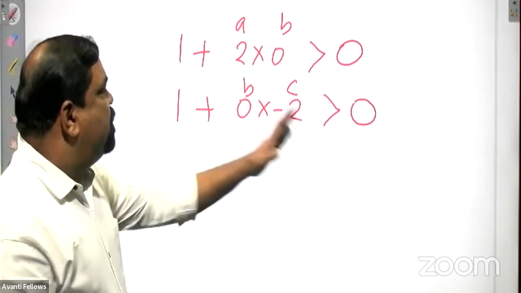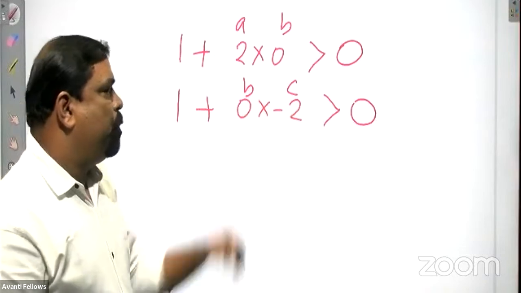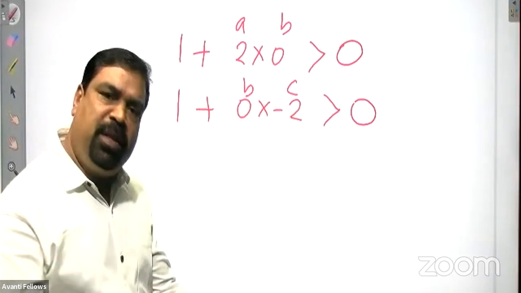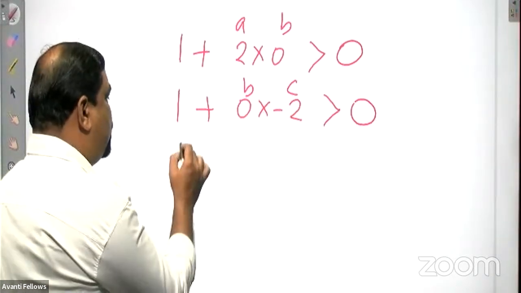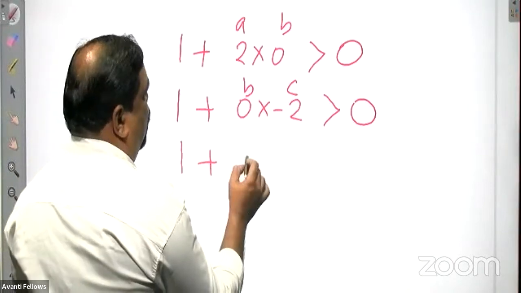Then again 1 plus BC, 1 plus 0 into minus 2, is also greater than 0. So what about 1 plus AC?